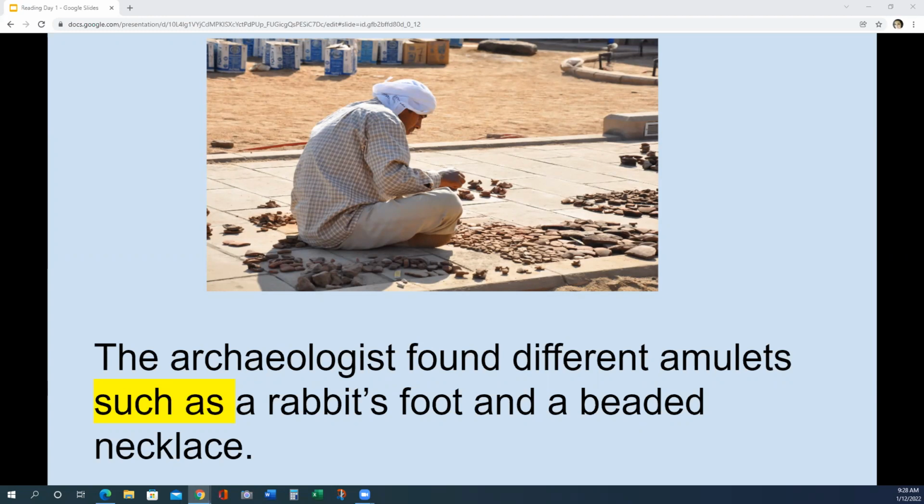The archaeologists found different amulets such as a rabbit's foot and a beaded necklace. I may not know what an amulet is. This is the word that they're trying to describe. But the phrase such as leads to two examples of what an amulet may be. So something like a rabbit's foot or a beaded necklace. So it's some type of charm or keepsake.